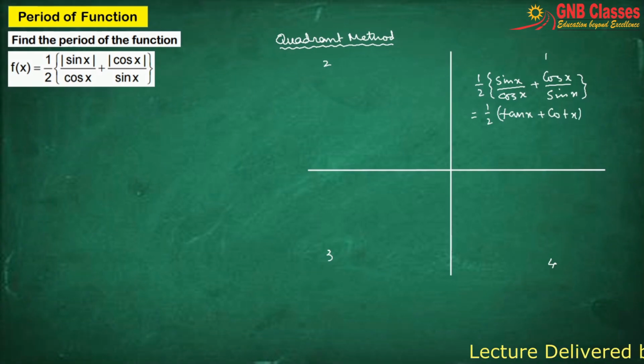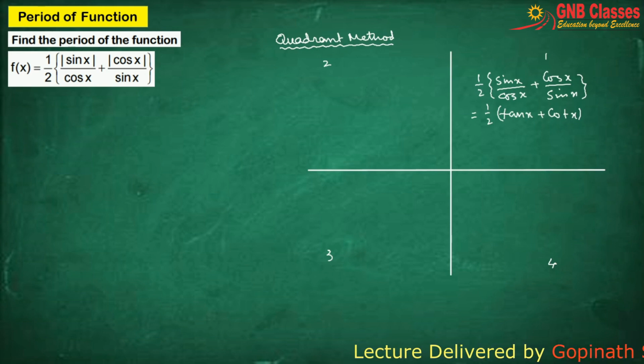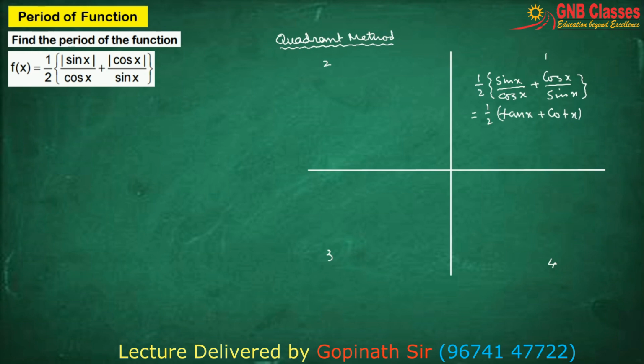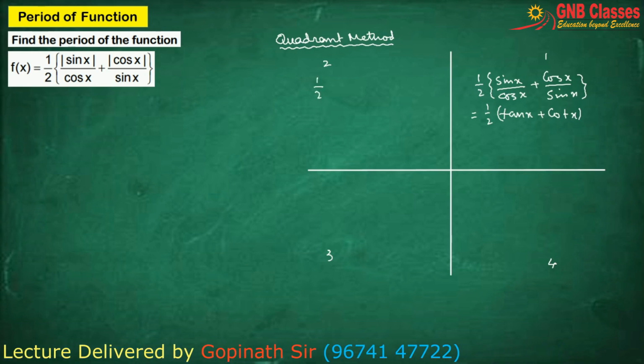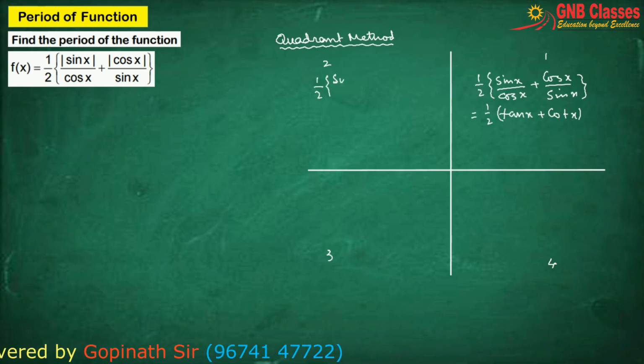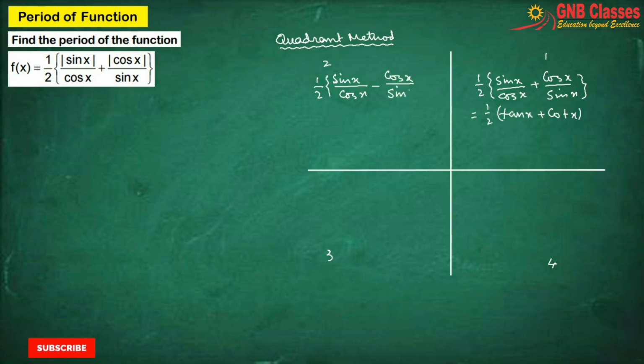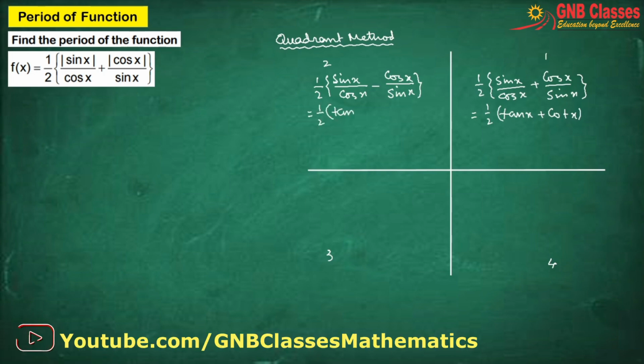In the second quadrant, sine is positive and cos is negative. So our function will be written here as half of tan x minus cot x. Is it clear?